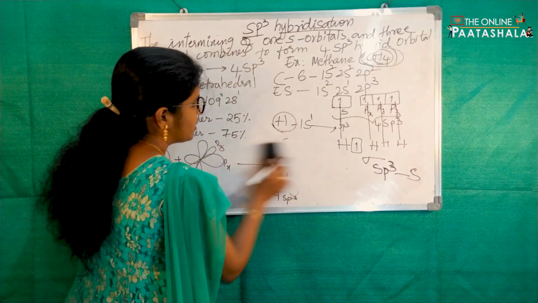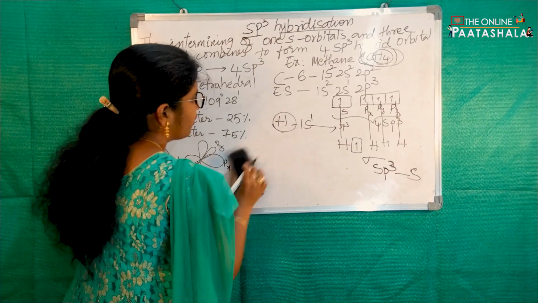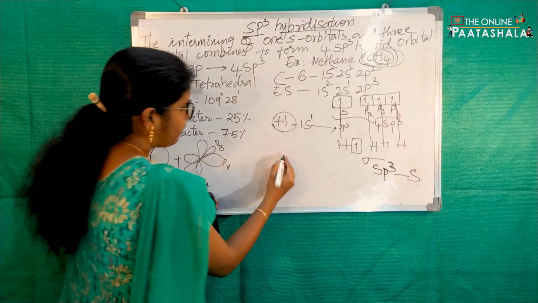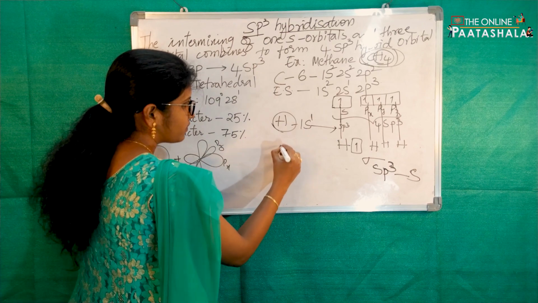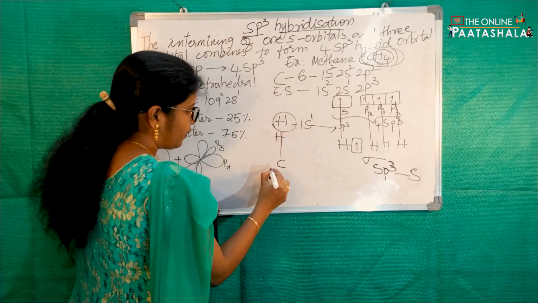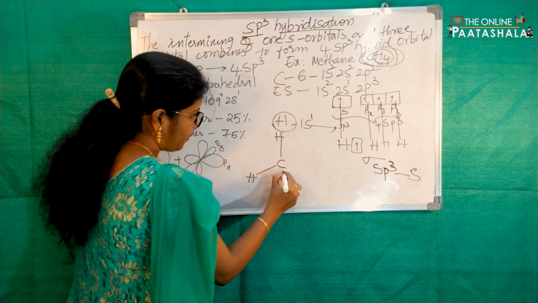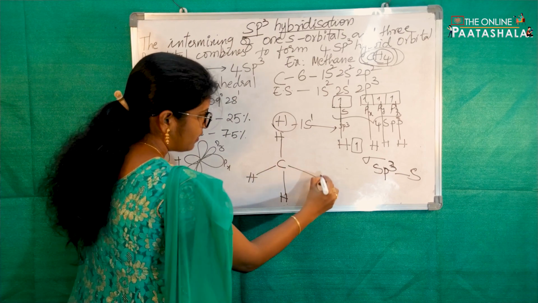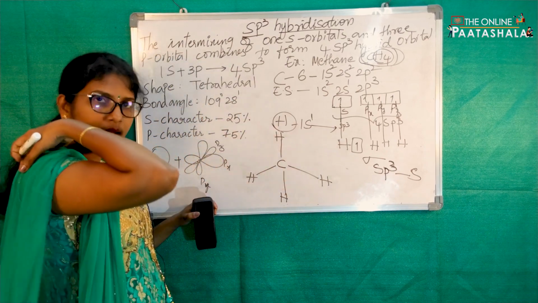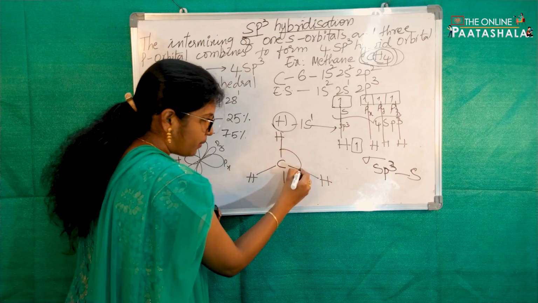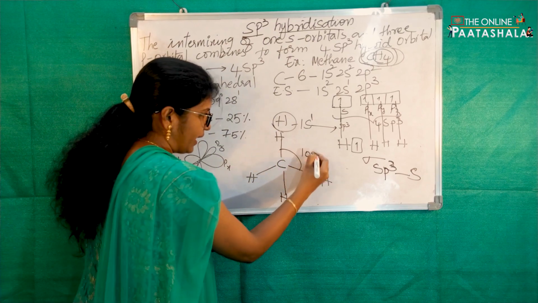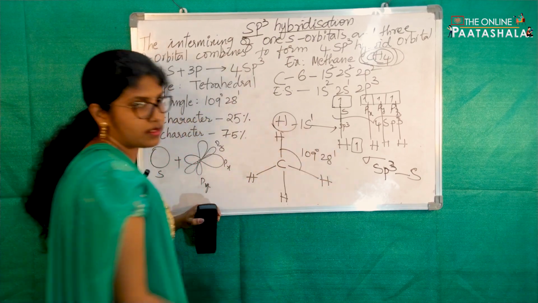Okay, what is the shape of the CH4 molecule? Carbon, with one hydrogen, another hydrogen and another hydrogen. The angle between these two is 109 degrees 28 minutes.